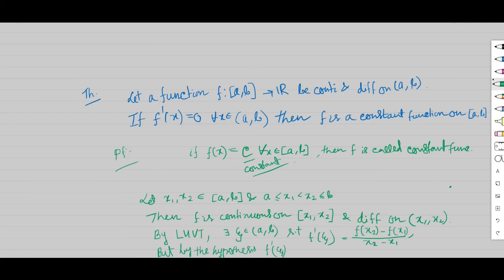So f dash xi is equal to 0, and it means f of x2 is equal to f of x1.